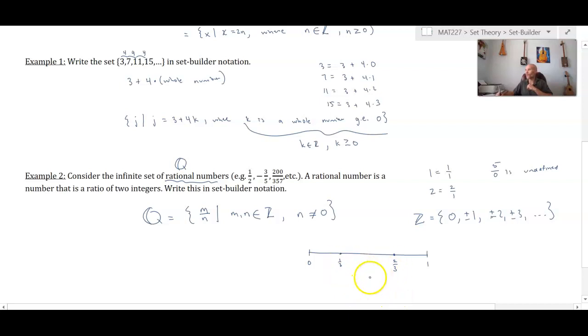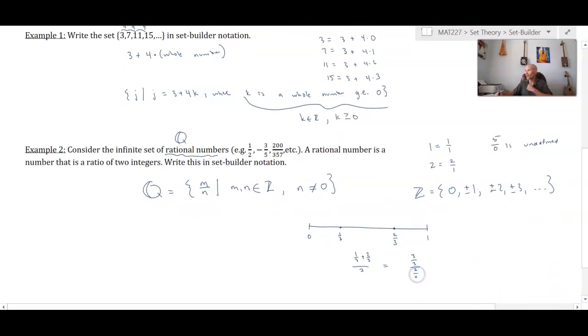So if I take 1/3 plus 2/3 and divide by 2, that's still a rational number because, as we're going to see in a second, this is 3/3 over 2, and when you divide a fraction by a whole number, you could write that denominator as a fraction. And so here's a number between those. It would be 3 over 3 times 1 over 2, which is 3 over 6. So right here, there's 3 over 6, which is really just 1/2. And we could do the same thing for 1/3 and 3/6, for example. 1/3 plus 3/6. Find the average of those two numbers.